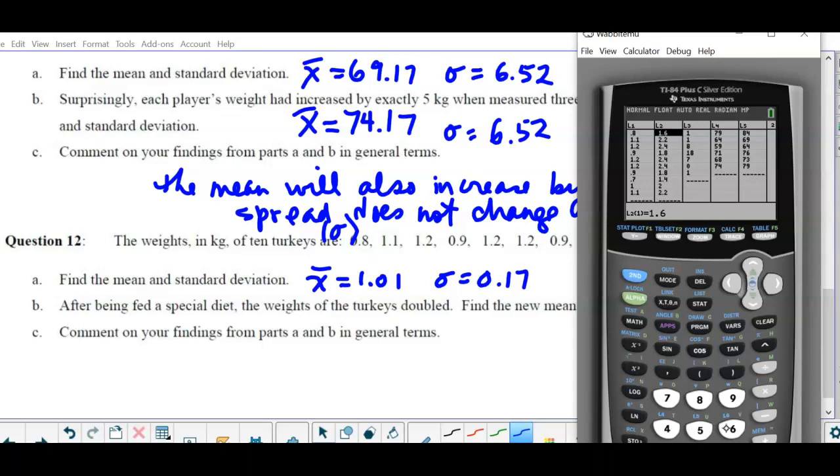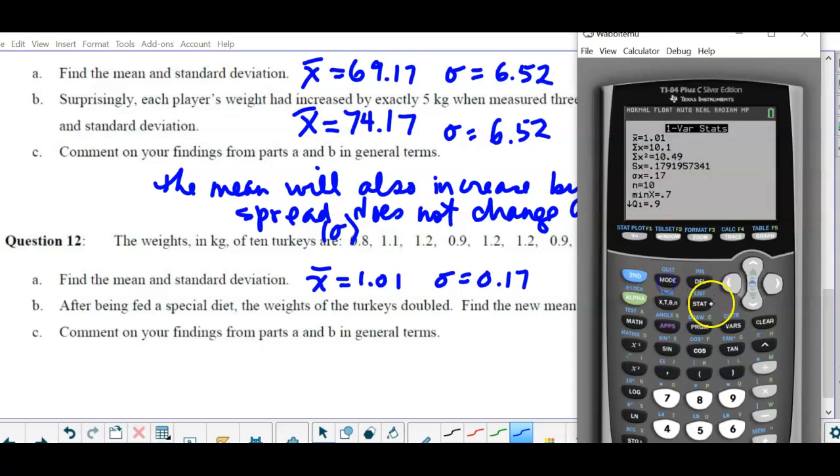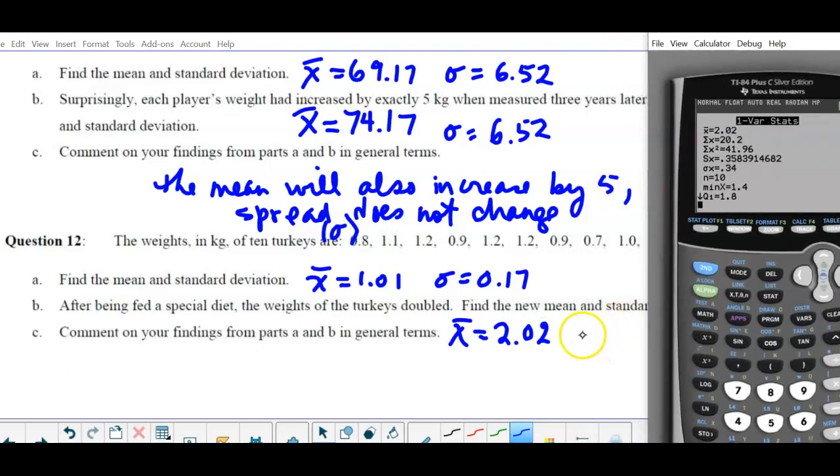So now I want to do mean and standard deviation of L2. All right, so the mean doubled and the standard deviation doubled.